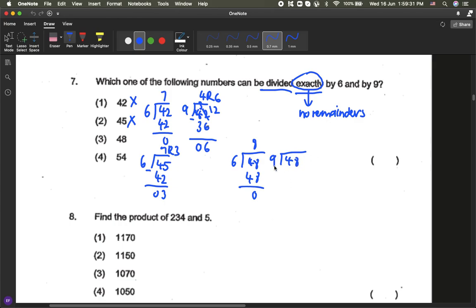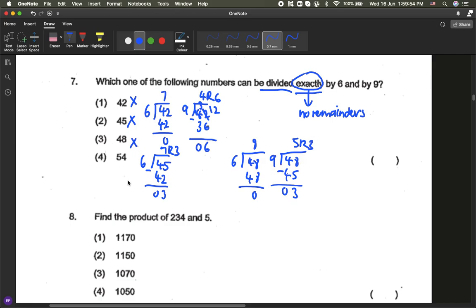The nearest multiple that 9 can get to 48 would be 9 times 5, which is 45. And 8 minus 5 is 3, 4 minus 4 is 0, so there's a remainder of 3. So unfortunately, this option is wrong as well, because we have a remainder of 3.